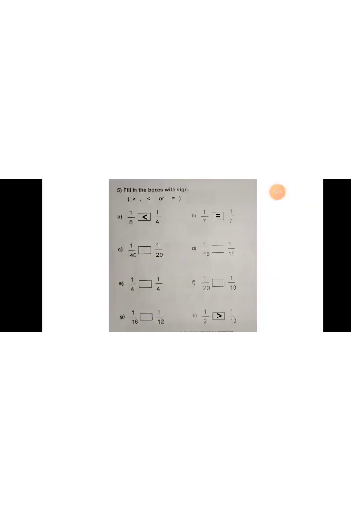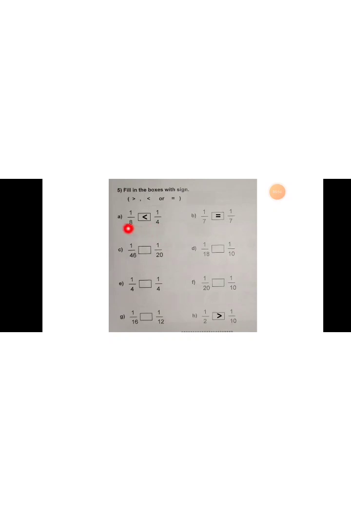Now children, let us compare the numbers by putting the signs, smaller sign, bigger sign and equal sign. Now look at the first number. You are having 1/8 and 1/4. So the more number of pieces means the fraction is smaller.